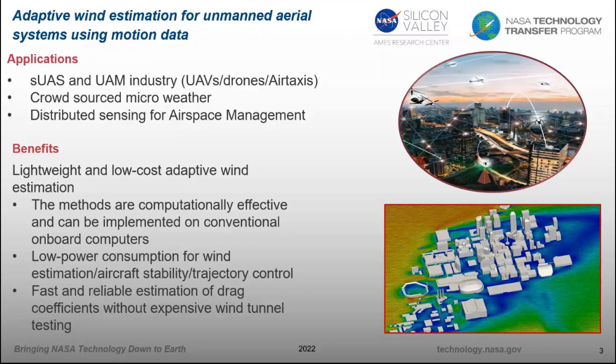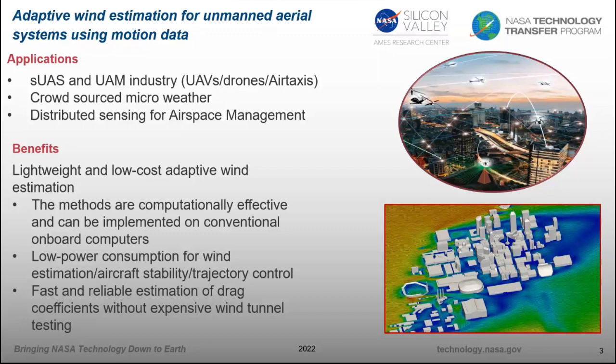We are also, in another project, looking at distributed sensing, how we can have wind sensors that are part of the infrastructure in the city, and augment that with this onboard sensing to get a better estimate for the whole urban environment.